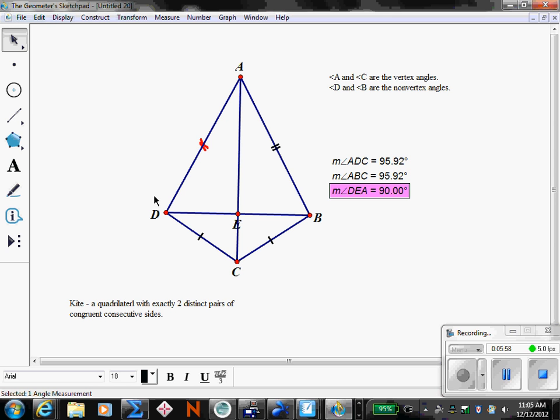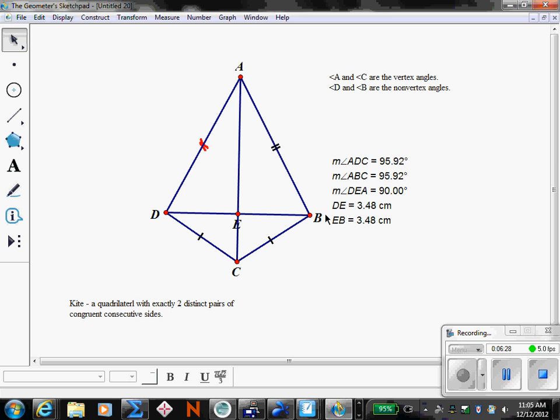So now I'm going to measure the length of DE and then the length of EB. Notice that they are the same. So the diagonal connecting the vertex angles is bisecting the diagonal connecting the non-vertex angles.